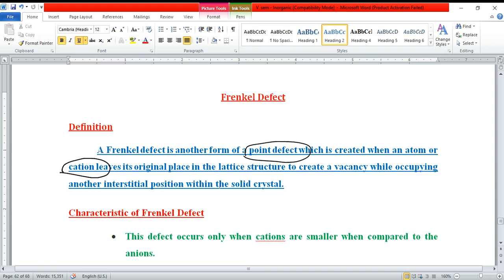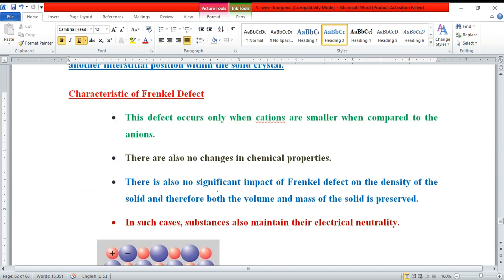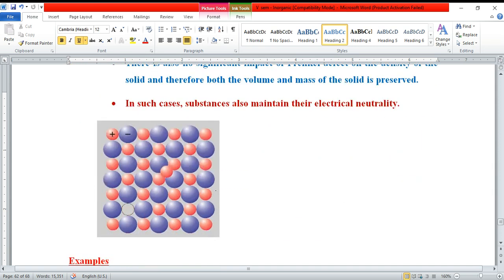But in the Schottky defect, we saw that both positive as well as negative ions leave the crystal lattice. Here only one cation must leave the crystal in order to form a Frenkel defect. Let us see with an example.